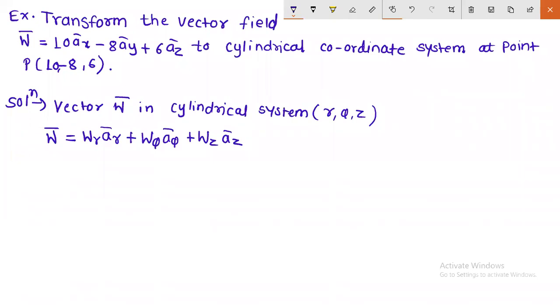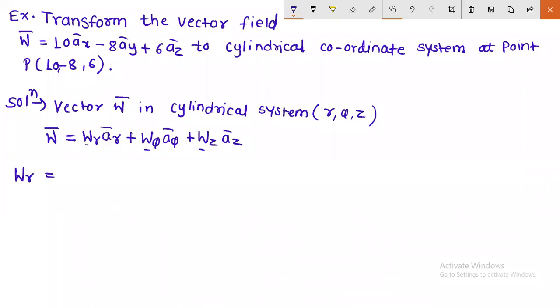Now we have to find this wr, w phi and wz. So first to find wr, by using the definition of scalar projection, wr is the length of projection, or we call it scalar projection.